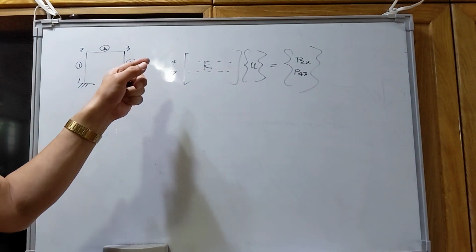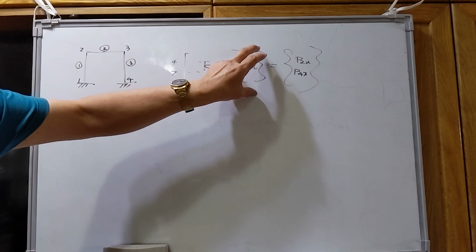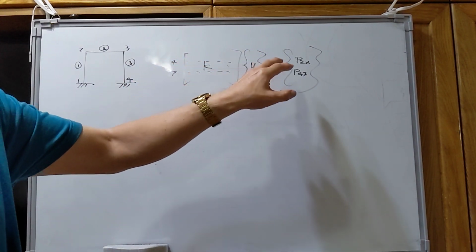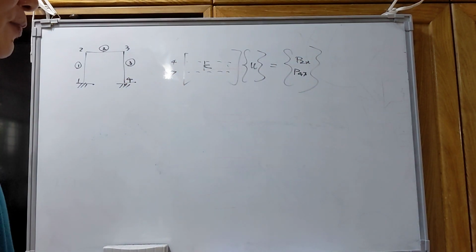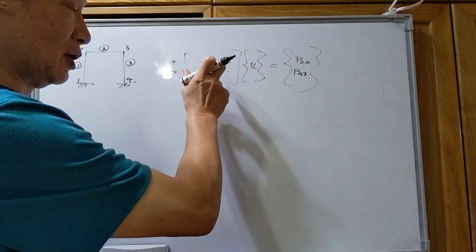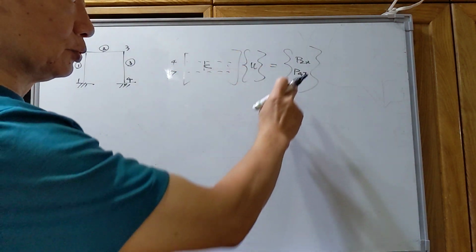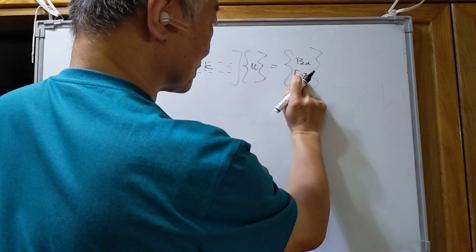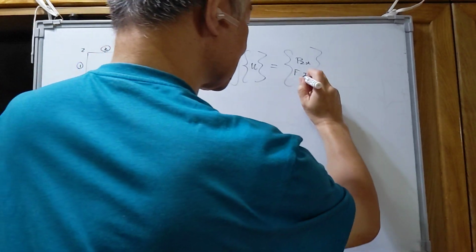They are the fourth row in the global stiffness matrix multiplied by the displacement vector. The fourth row multiplied by the displacement vector can give you the P2x. And the seventh row of the global stiffness matrix multiplied by the U will give you the P3x.